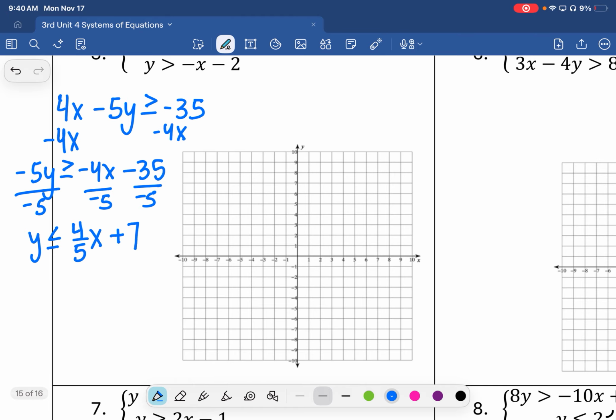So we are going to graph that now. What is our y-intercept? What is our slope? Up 4, right 5. Can I go up 4 on this graph? I'm going to go down 1, 2, 3, 4, to the left, 1, 2, 3, 4, 5.